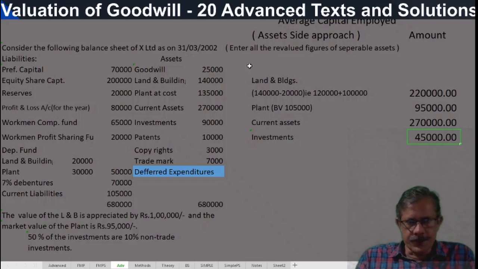So here in this question only capital employed we have to calculate. We are studying capital employed. If FMB is there, we have to deduct 10% of the non-trade investment. That is 4,500 rupees to be deducted from the year's profit. Okay, got it? Then investments, only 50% here to be considered. We can write it here, 50%.